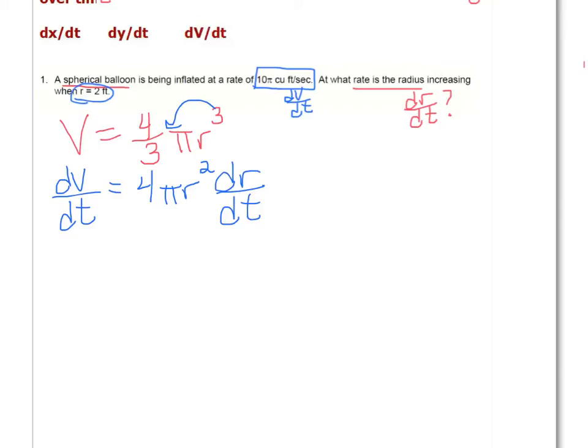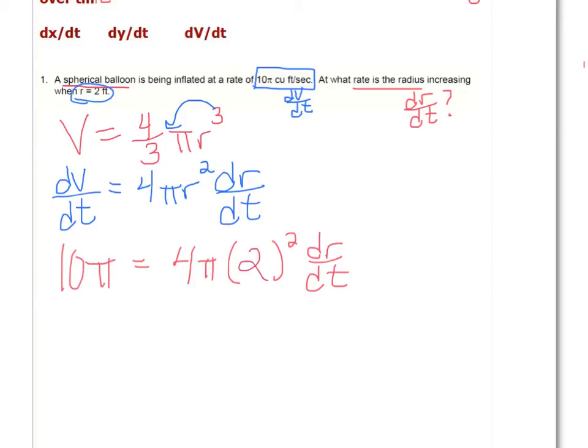Now we're going to plug in all of the different values that were given. dV/dt here is 10 pi. And then they give us the radius is 2. So now we can simplify, and we're going to solve for dr/dt. So 2 squared, that's 4, times 4 is 16 pi.